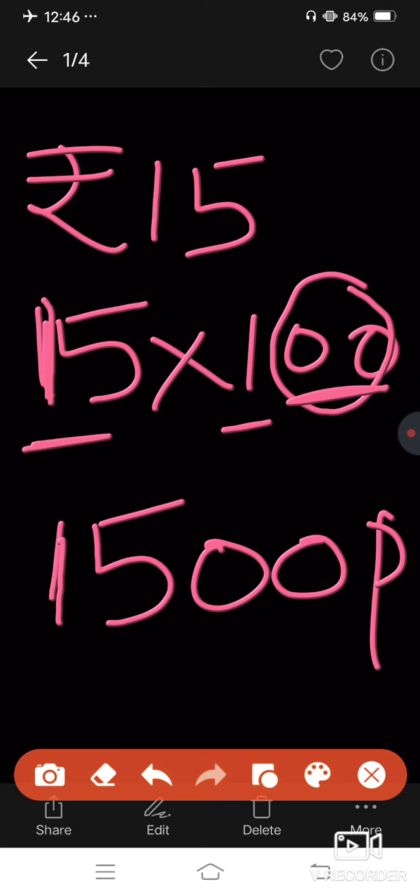Now let's see how we can convert paise into rupees. To convert paise into rupees, we have to count from the right side, and after counting 2 digits, put a dot there.